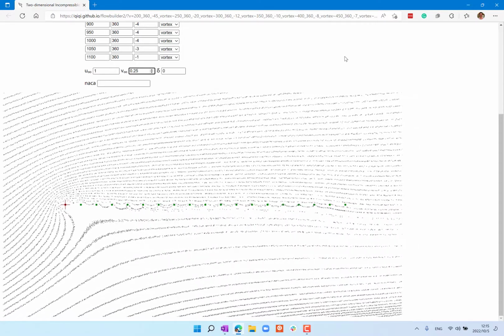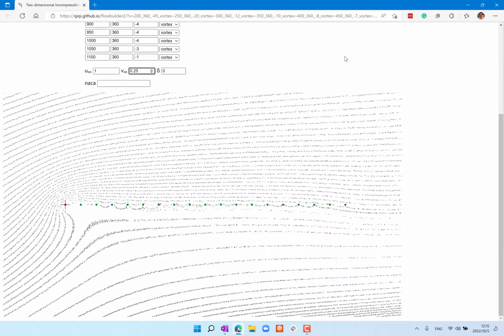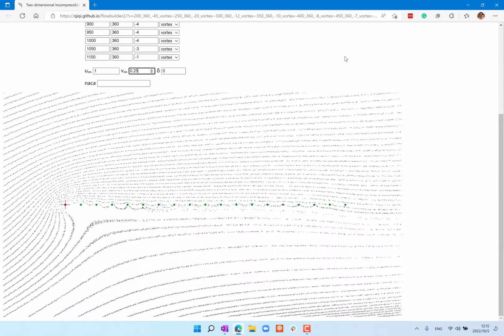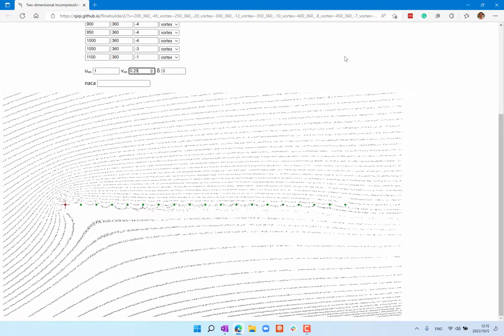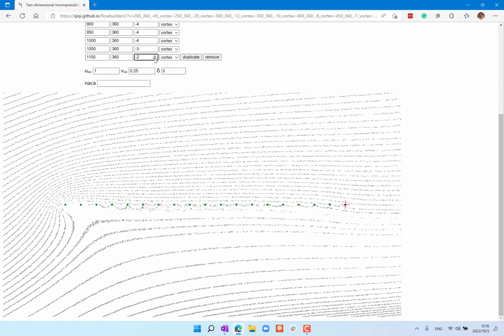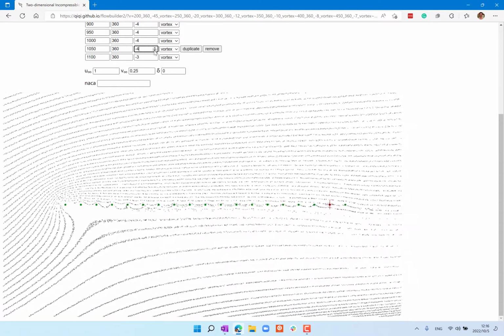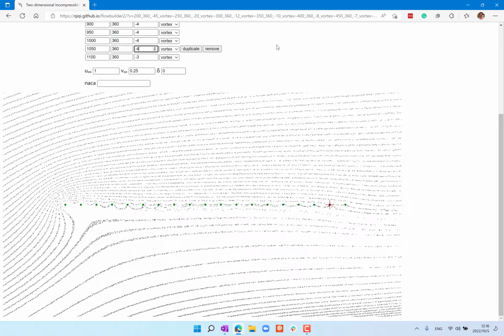Anyway, as you can see, I didn't do it that well very far downstream, so the flow is going too much downward at the end. But I think I did it reasonably well from here to here, where the flow is going down a little bit, but it's not too bad. If I change this to -2, it'll be slightly better at the end. Maybe -3, -4. That might make things a little better at the end.